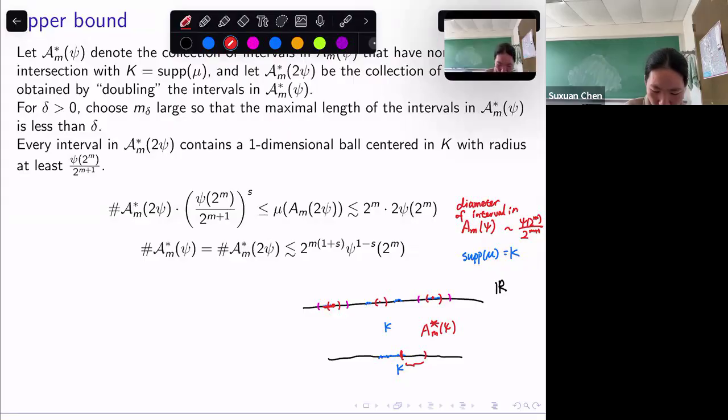However, we don't know how much of the interval intersects the set K, so we double the radius.